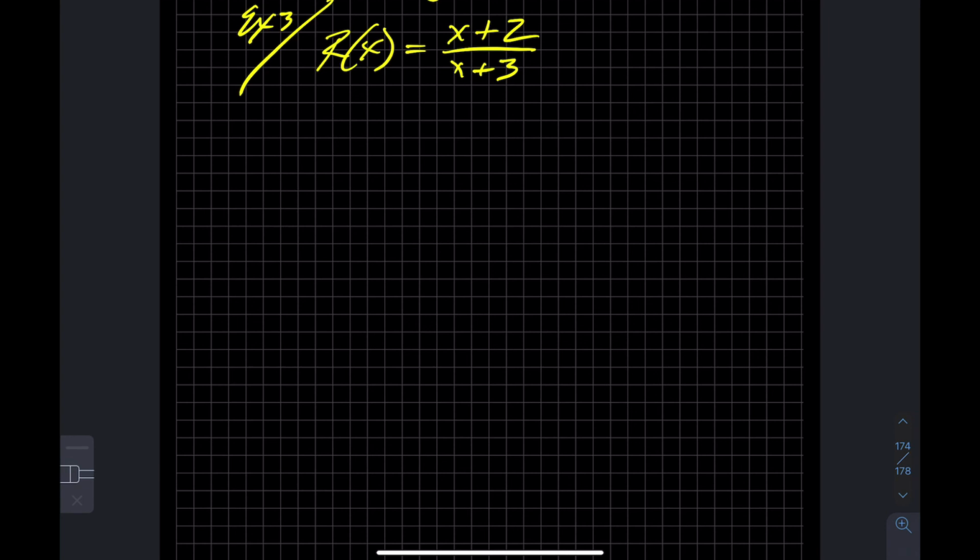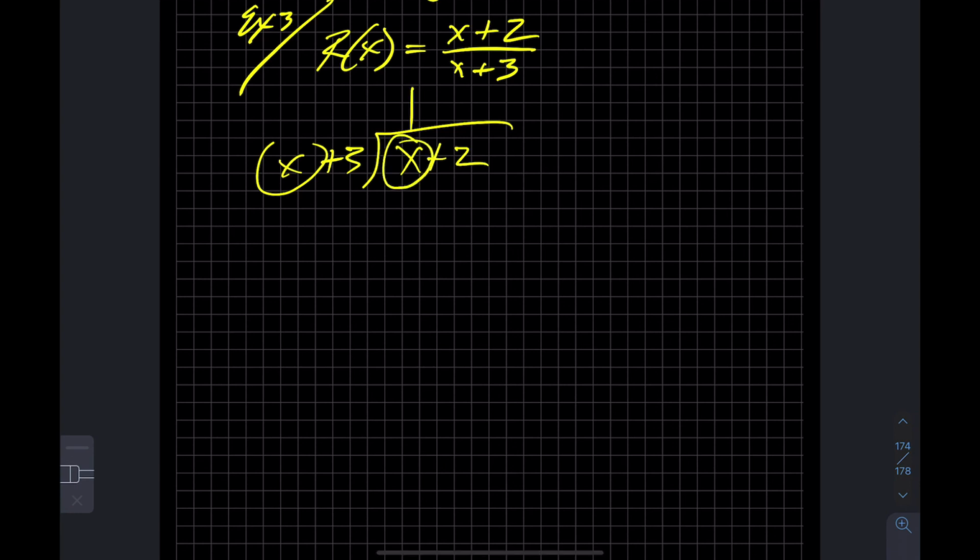So think about this. If I had x plus 2 divided by x plus 3, I'm going to do long division. Well, what do I multiply this x by to make it into an x? Isn't it 1? This ends up being the quotient. If you prefer, let's do synthetic division. The denominator is x plus 3, so the root is negative 3, and the coefficients are 1 and 2. So I'll bring down the 1.